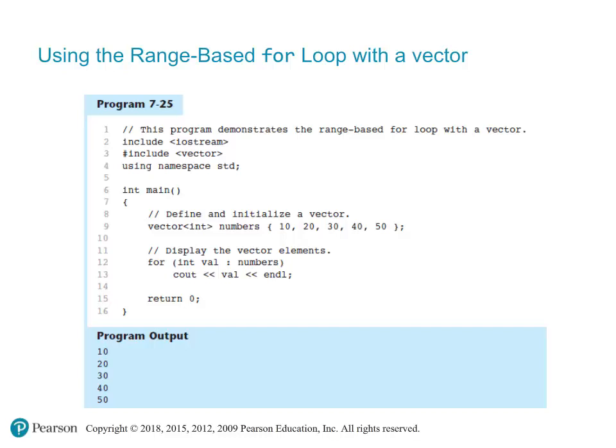Val, V-A-L, is a variable that will hold the current value in this collection. And the collection we're iterating now is a vector. The advantage of using a range-based for loop is it simplifies the loop, makes the code easier to understand and maintain, and eliminates the chance of off-by-one errors. The program will display each element in the numbers vector.